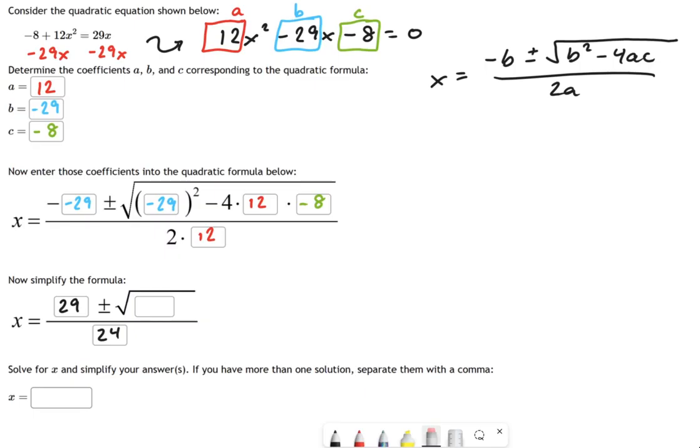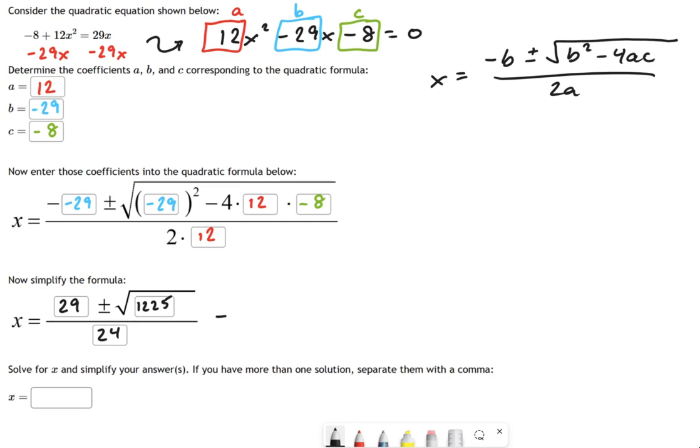Every parentheses needs to be shown as it's written. And you need to watch out for negative sign errors and all sorts of silly business. So this one turns out to be, oh my, that's rather large, 1225.